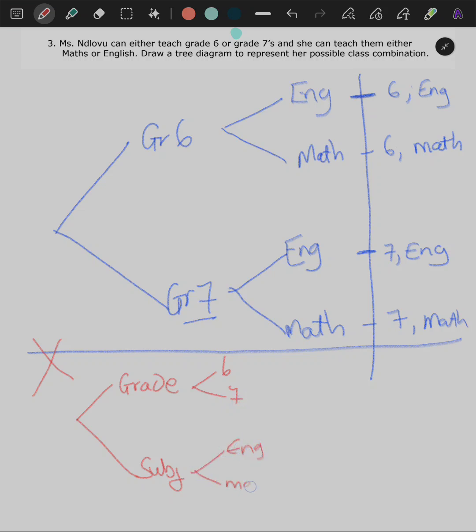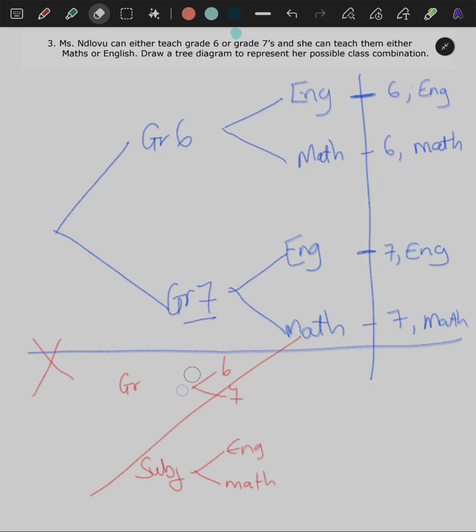That is what we do not want to be doing, because if we did that, she would have to choose either a grade or a subject, and that she doesn't want to do. She has to choose one of each. Okay, so just be careful of that.